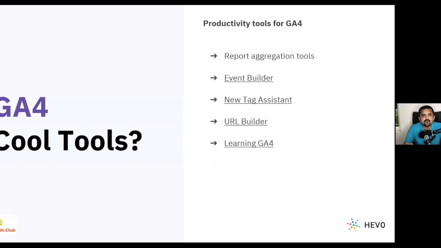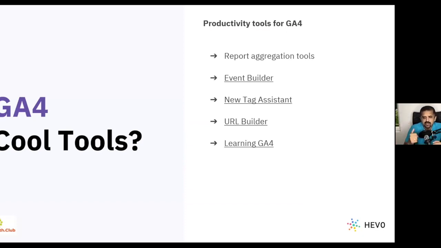Here are some of the important tools that Google Analytics users should be using. Whether you're using Google Analytics 4 or Universal Analytics, which is the older version, these tools are still useful. First, of course, is report aggregation tools. I always advise my clients to use report aggregation tools to aggregate data from AdWords, Facebook, Analytics, or other third-party analytics software.